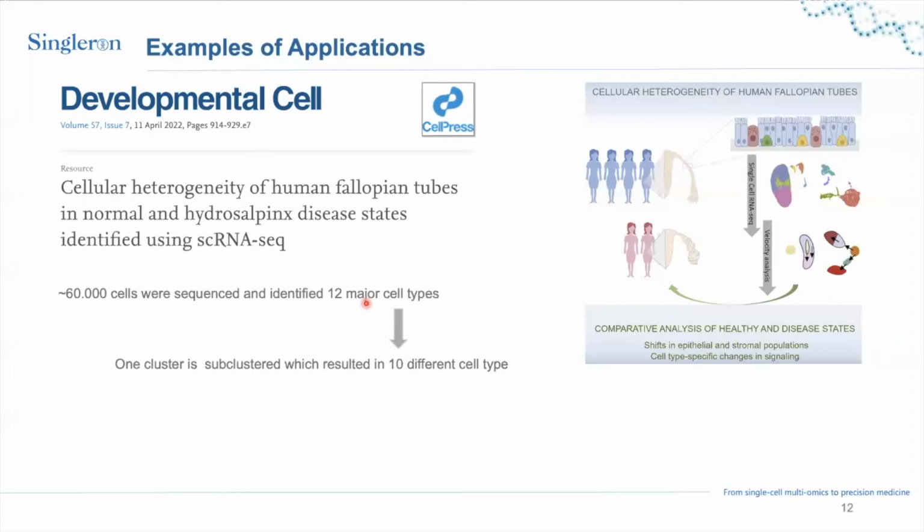And this is what they did here. They took one cluster among these 12, which resulted in 10 different cell types. And between disease state and normal state, these subcell types reacted differently. They depicted this by using different experiments, such as RNA velocity, as I mentioned earlier, and some more.